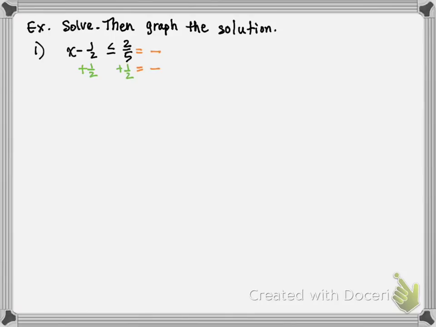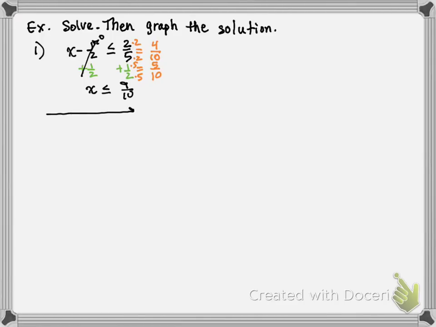The least common denominator between 5 and 2 is going to be 10. So I multiply top and bottom by 2 of the top fraction, and that gives me 4/10. Multiply top and bottom by 5, and that gives me 5/10. So I go back to the problem. Those zero out, leaving me with x is less than or equal to 9/10.